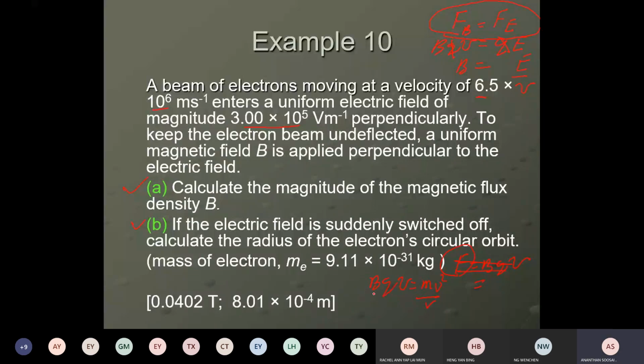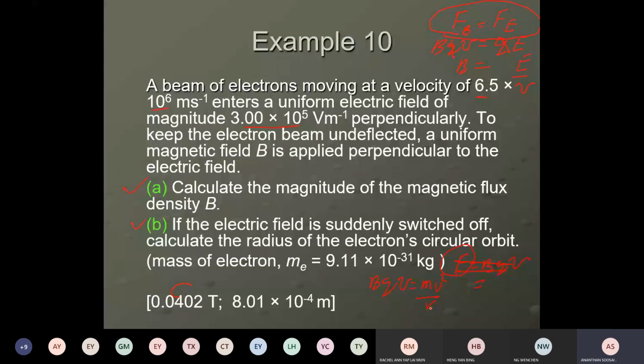So BQV: B you know now, 0.0402 Tesla. The charge of the electron is given, 1.6 times 10⁻¹⁹. The velocity is 6.5 times 10⁶.